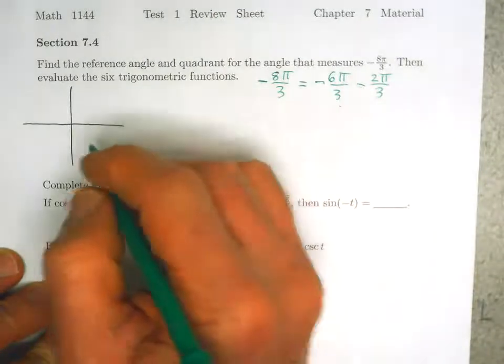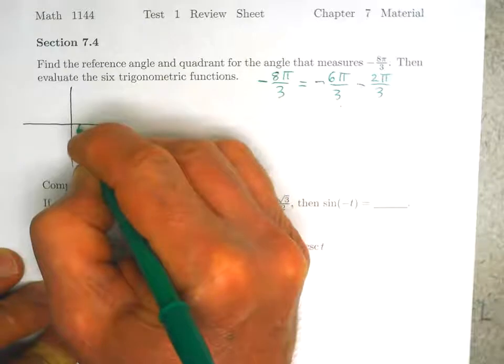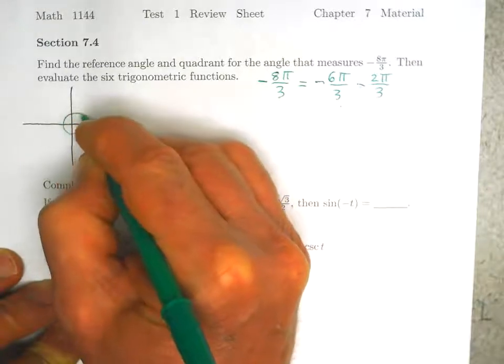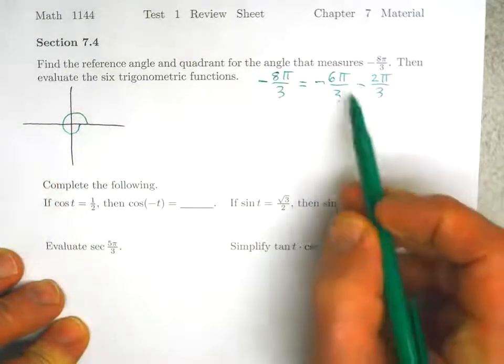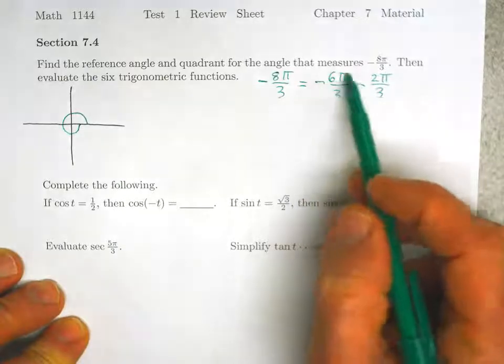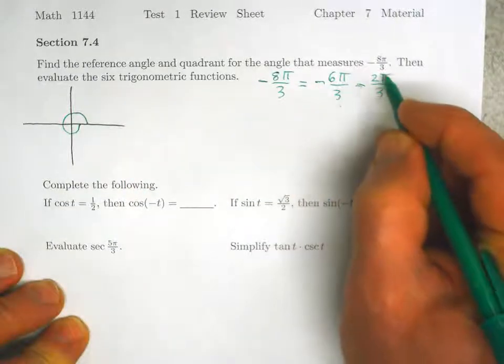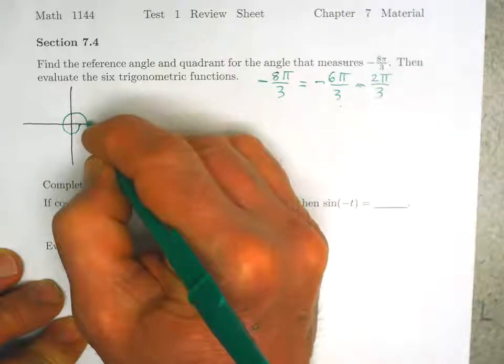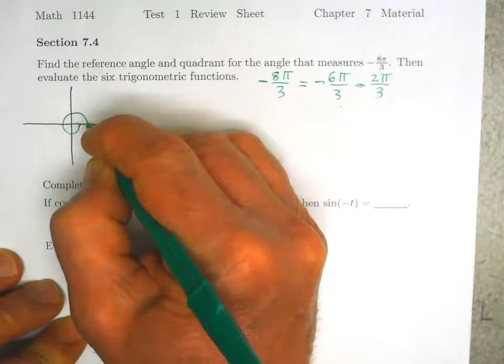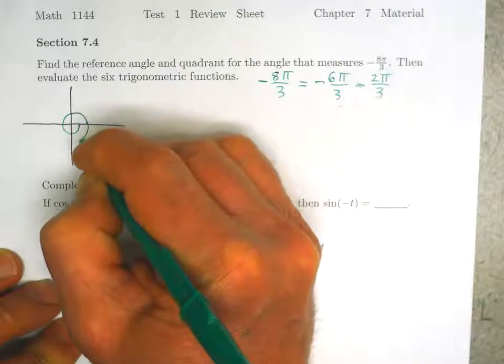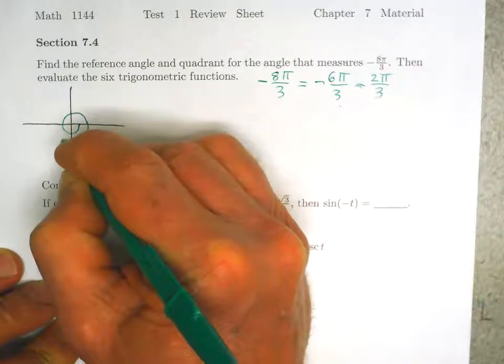So let's do one complete revolution clockwise. That's represented by negative 6 pi over 3. And then minus 2 pi over 3 more. So minus 2 pi over 3 more will be in the third quadrant.